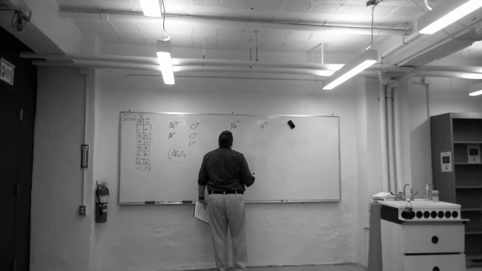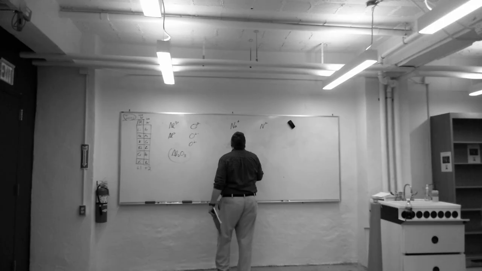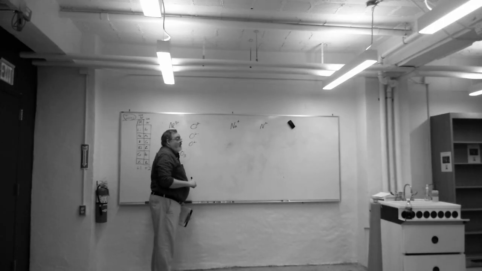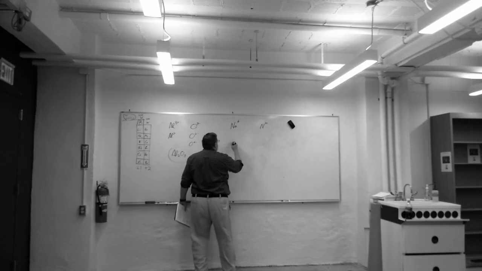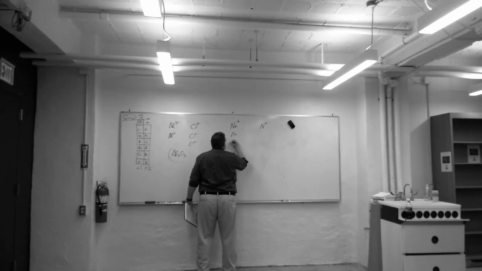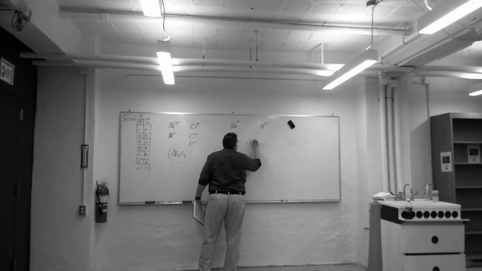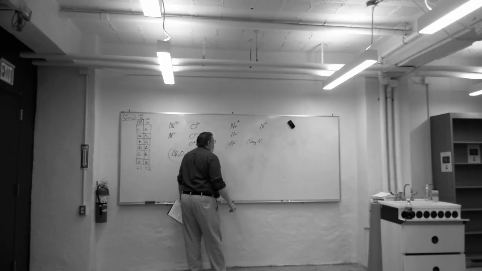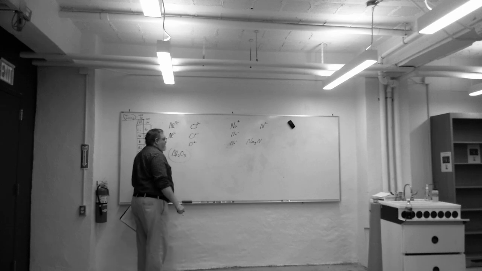Well, what would be the formula for this one? You need 3 Nas to balance that for you, so it would actually be Na3N. I could see Na3N with a 1, but we don't write the 1, so that would be the formula for sodium nitride.